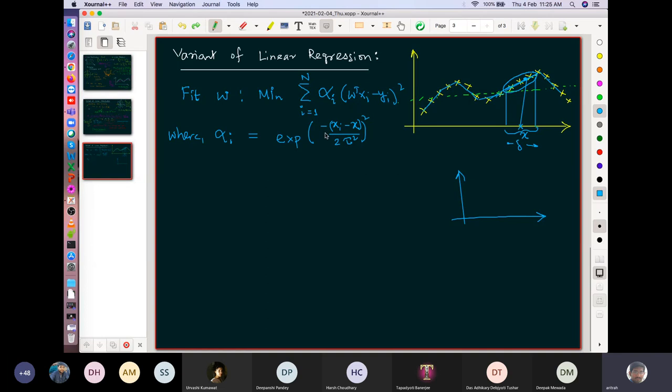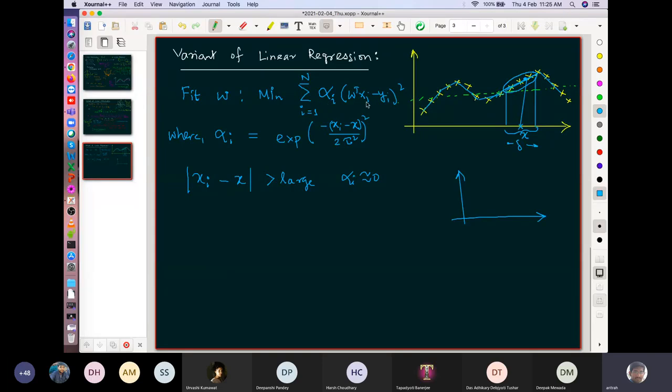Suppose you are given that this expression, suppose your point xi and the point that you are trying to estimate is very far, that is, this is very large. If xi and x is very large, then what will happen to this formula? If it is very large, then your alpha i will tend to 0.